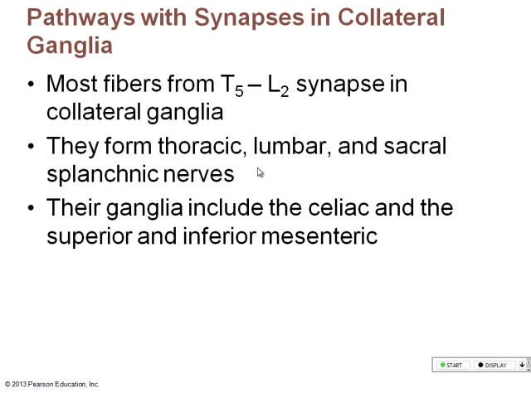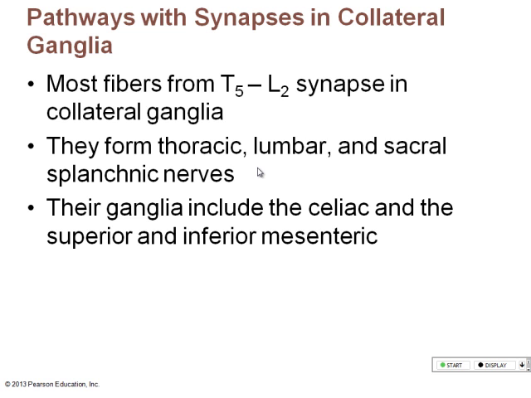Pathways with synapses in collateral ganglia. What's a collateral ganglia? Yeah, connections to the side. Most fibers in T5 through L2 synapse in collateral ganglia. So when we talked about crossing over of pathways, these guys are involved in that as well.